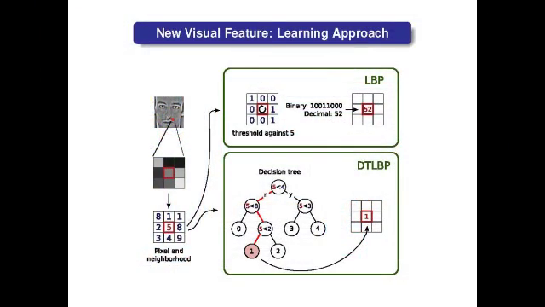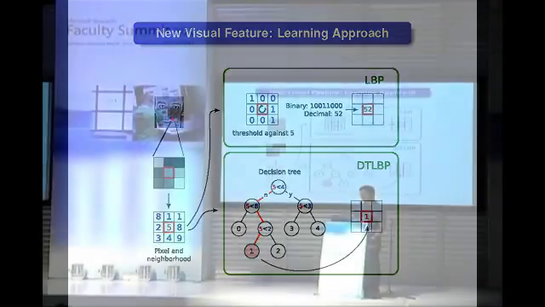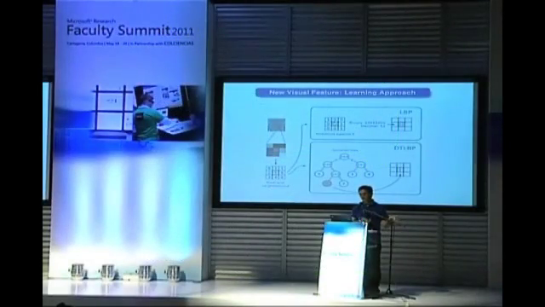And the second approach that we did for visual features was, instead of using a fixed pattern to detect a visual feature, we use machine learning to detect which patterns are more discriminative for doing the classification. So in this case, we modify a very popular visual feature called local binary patterns. A local binary pattern works this way.